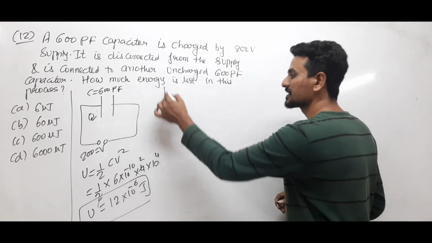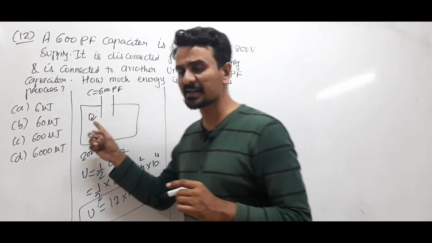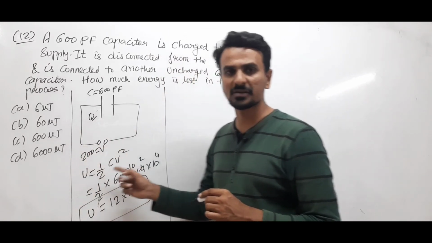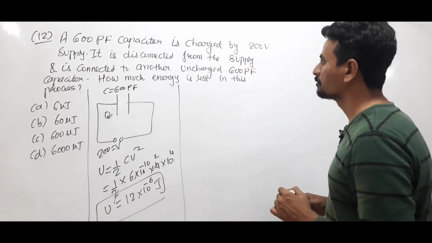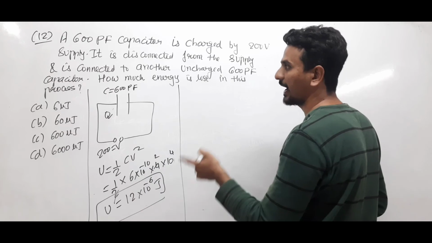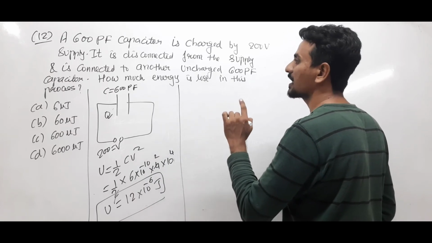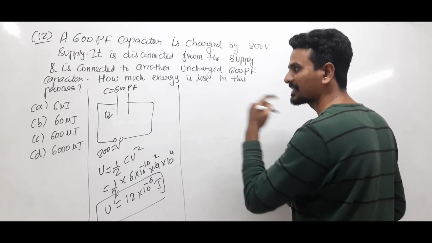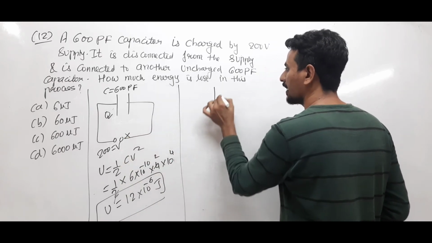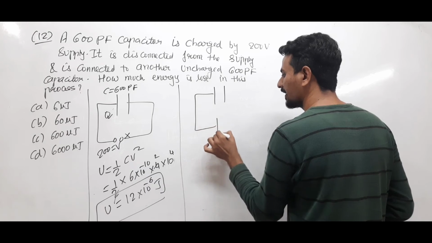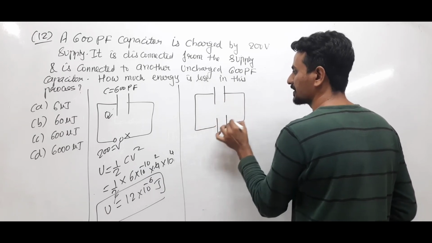Now the question says Q is the charge established on the capacitor because it is connected with a supply. Now it is disconnected from the supply and connected to another uncharged 600 picofarad capacitor.